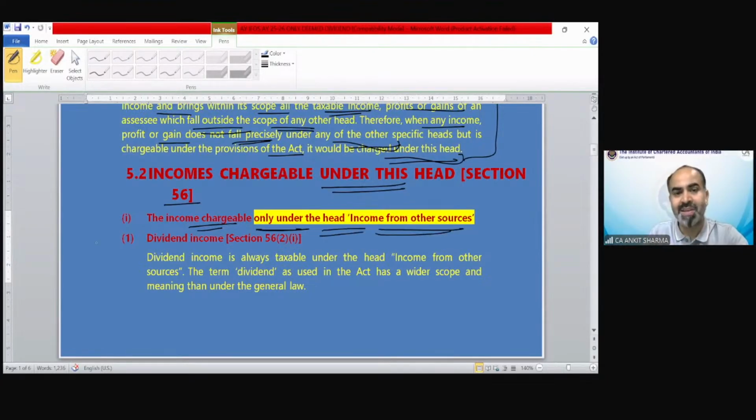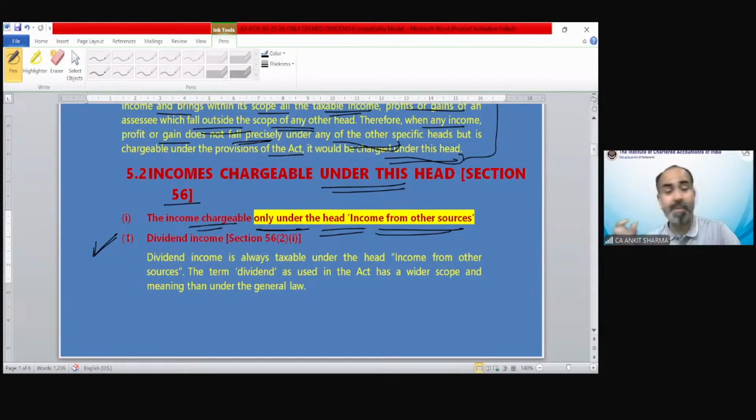The first one is dividend. Generally, as you all know, when a company distributes a part of its profit to its shareholders, that is called dividend. But there is one more concept, which is deemed dividend. That means something that is going to be deemed as dividend, which is not real dividend. A real dividend is when a company earns some profit and wants to distribute it to its shareholders; that is called dividend in the normal way.